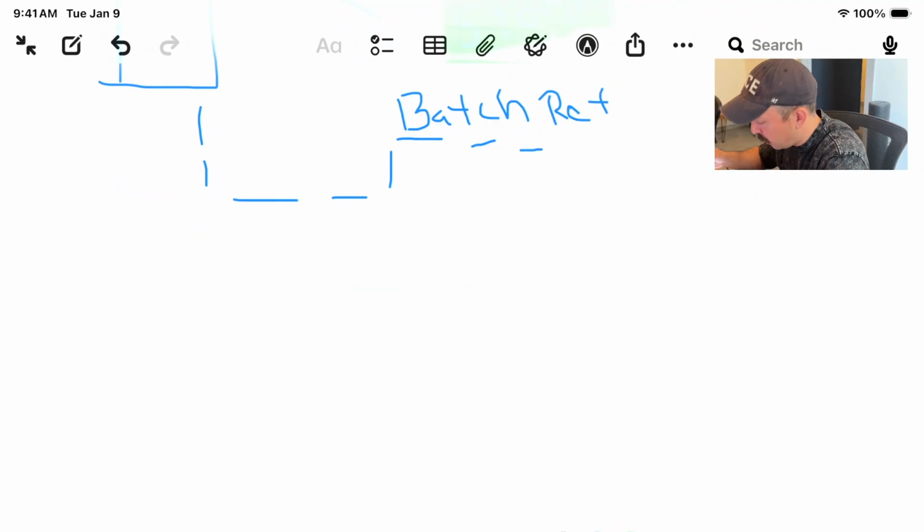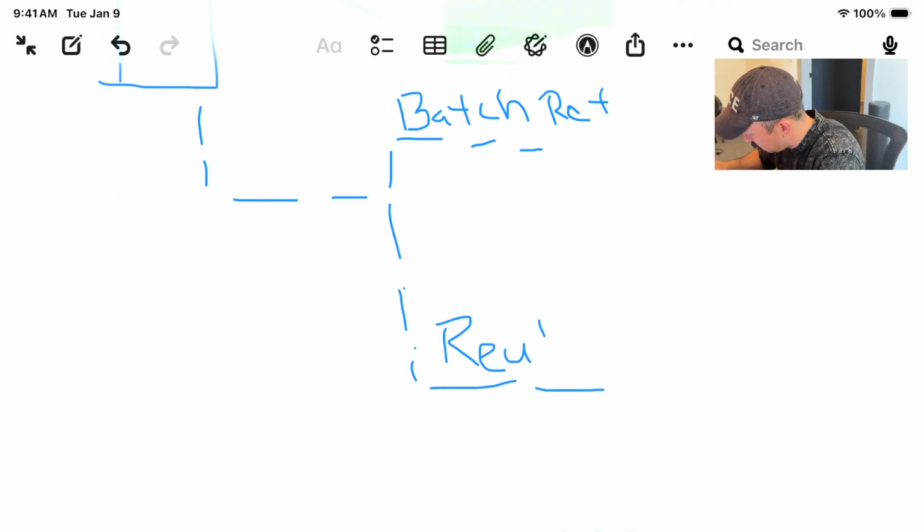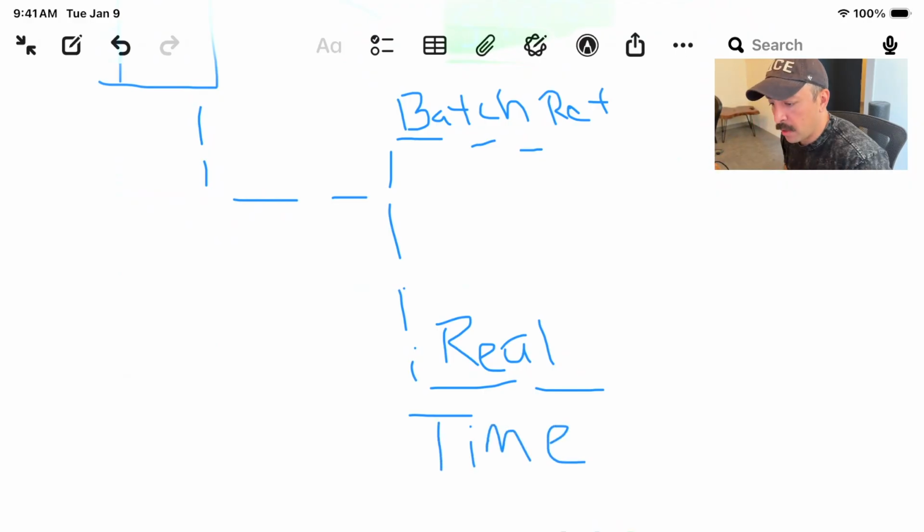And then there is something called the real-time lookup. The split utilizes the same feature store, but with two different types of consumers at the end.